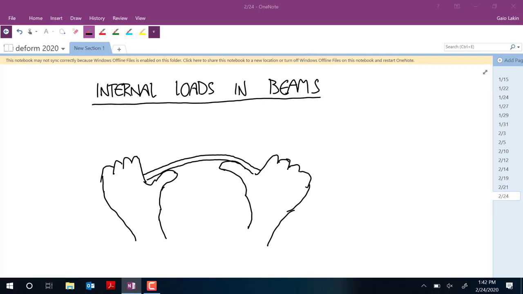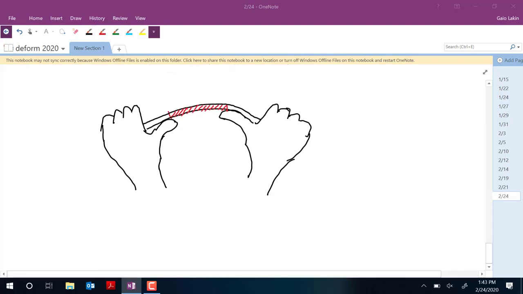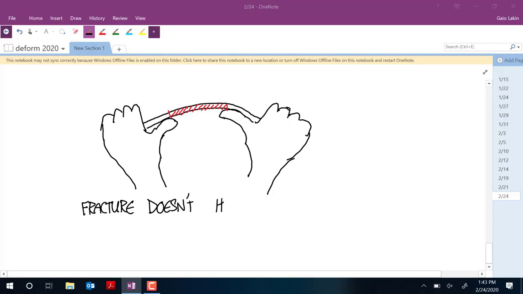The stick is actually going to break somewhere between the two thumbs. So the fracture doesn't happen at the external loads.